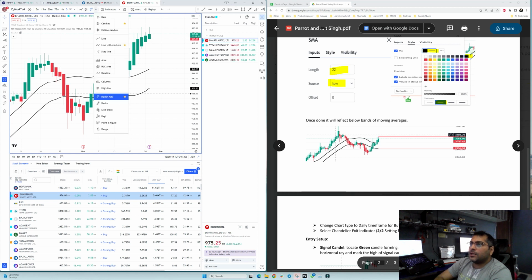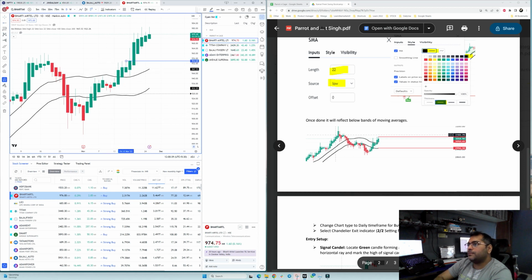To select, you can go here and select Heikin Ashi candles. We would select the candle which is the first candle not touching the upper band, and we would take a ray, and with magnet selected we would mark this ray.